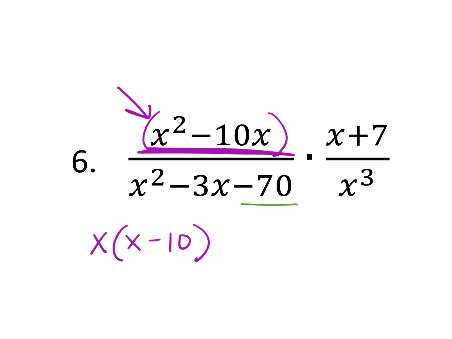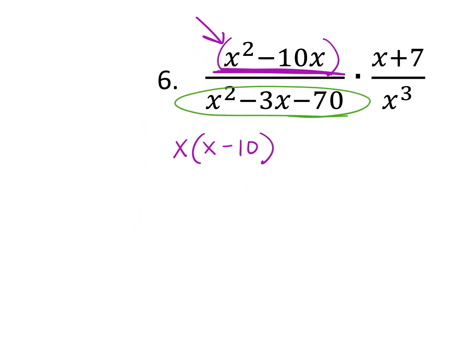Okay, how about this one, Caleb? What can you do with that one? The star method. Okay, so on the bottom, we're going to do star. What did you put on top of your star? Negative 70. What did you put on bottom? The negative 3. And what was your a term that goes here? That's a 1. Okay, so now ask yourself the question, what can I multiply to get a negative 70 that I can add to get a negative 3?